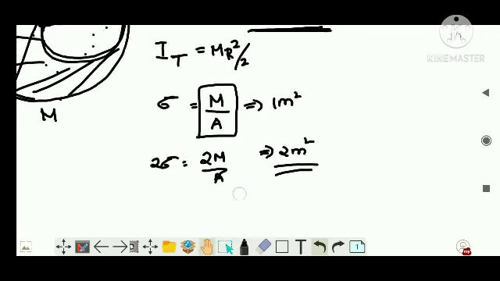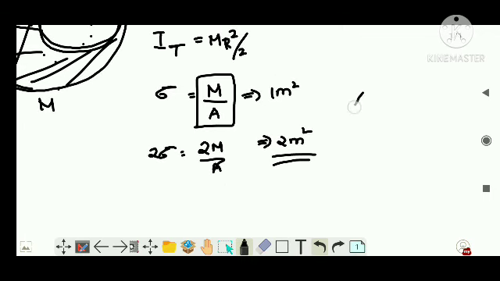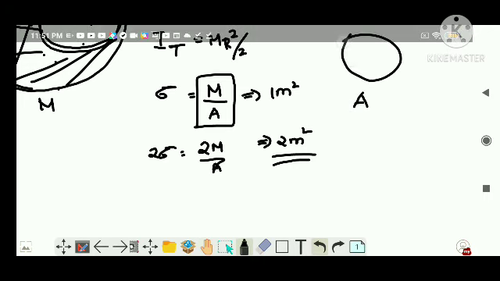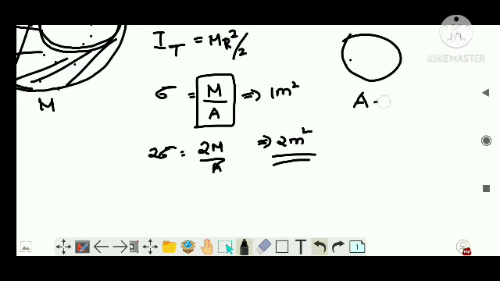Similarly, let A be the area of the entire full disk. It had mass m, so 1 unit had mass m by A. You can even think by this method also, no problem.